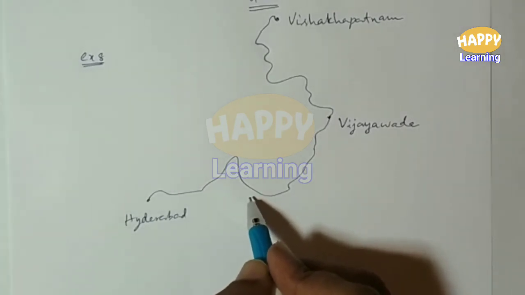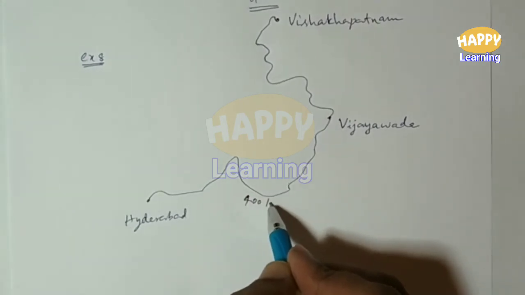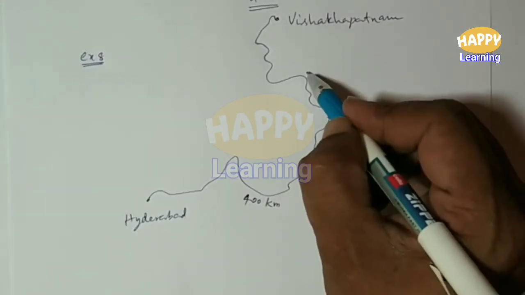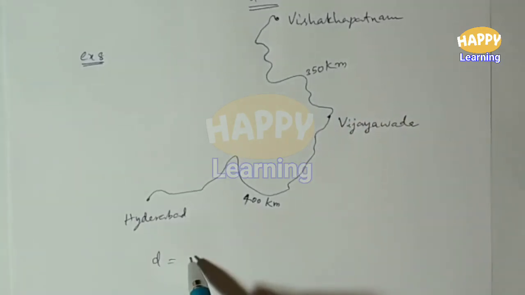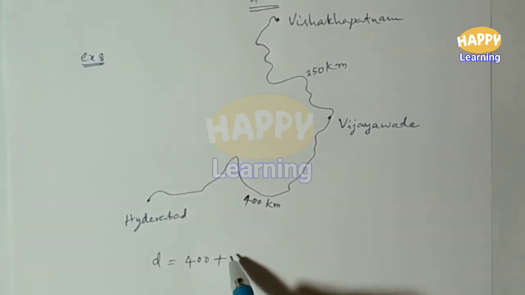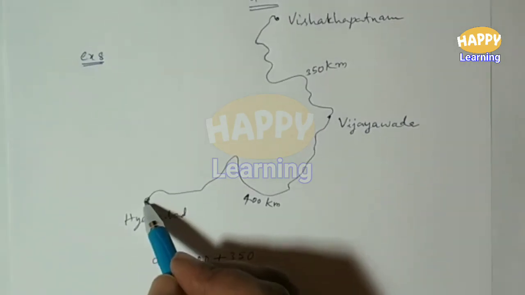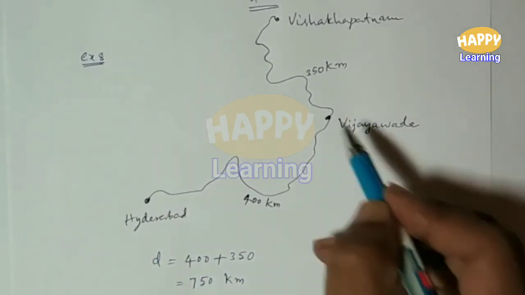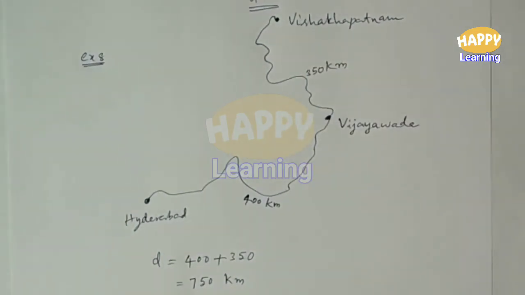The distance from Hyderabad to Vijayawada, let us take for example 400 kilometers. And from Vijayawada to Vishakhapatnam, let us take as 350 kilometer. So distance from Hyderabad to Vishakhapatnam is 400 plus 350, that is equal to 750 kilometer. Hyderabad is the starting point, Vijayawada is the intermediate stage, Vishakhapatnam is the final destination.